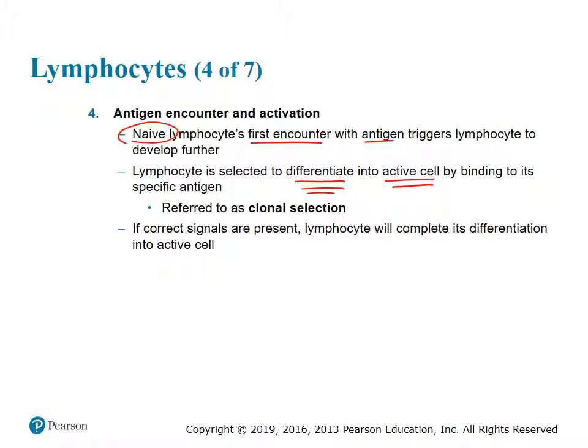This process we call clonal selection. By running into the antigen, they've been chosen. Nobody's chosen it, if you will, but that's what we mean by selected: we've run into the antigen and differentiated into an active cell.